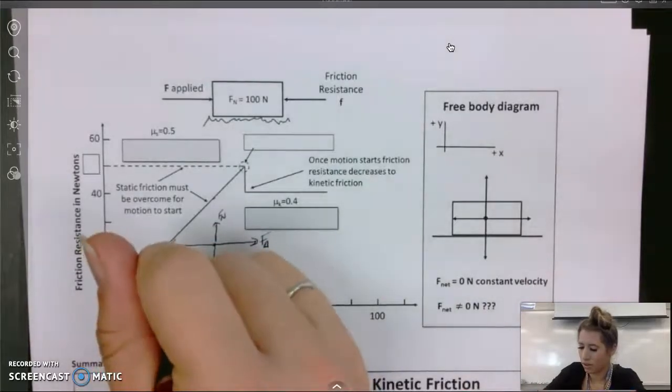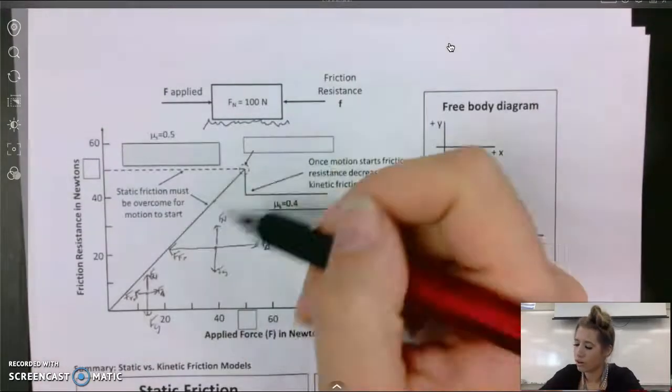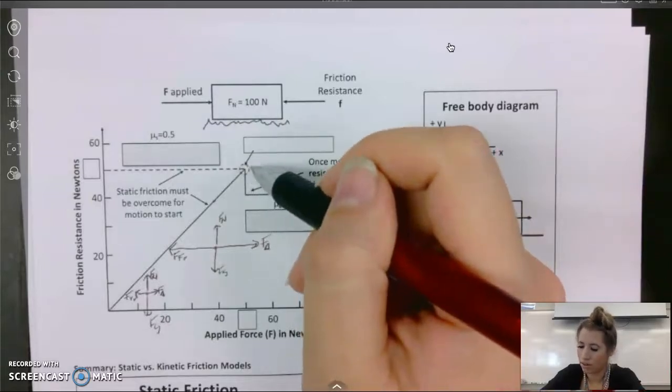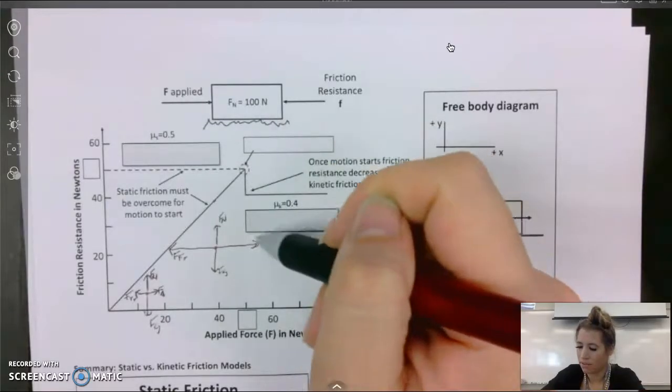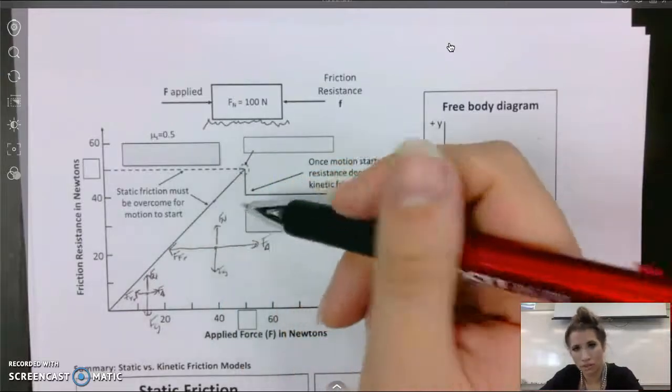And so then my force of friction must be greater as well. Now, eventually, we're going to overcome that threshold of motion where our applied force is greater than the friction, and so that motion will start.